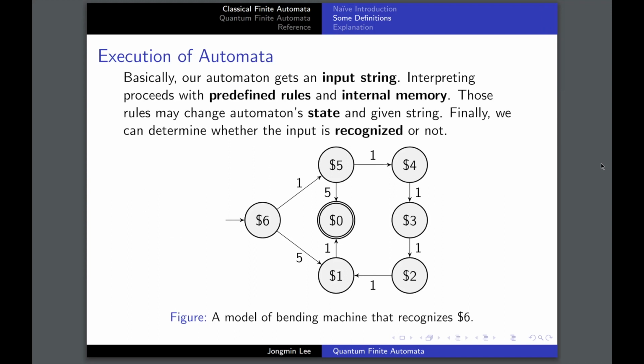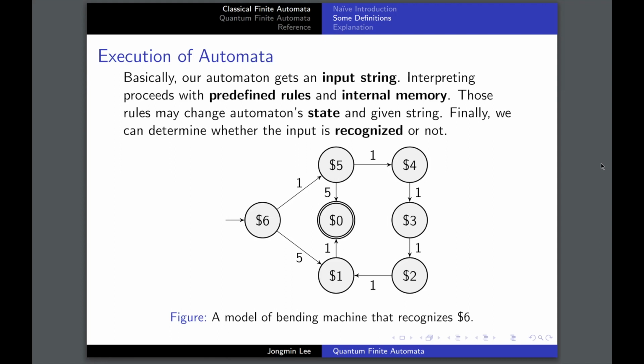Basically, our automaton gets an input string, and the automaton interprets it with predetermined rules.